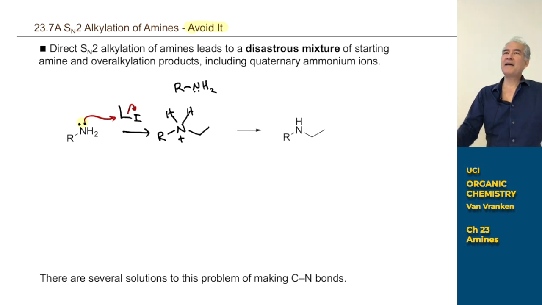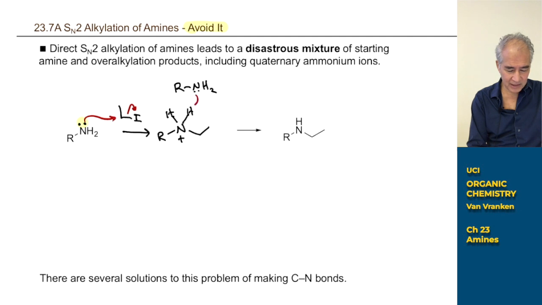And there's going to be a fast acid-base reaction that you can't stop. You can't stop proton transfers. This is always faster than attack at carbon. You can't stop proton transfer from your initial product to other molecules of your starting material. And this has devastating consequences for your hopes to get a clean reaction, because you're doing two bad things at the same time.